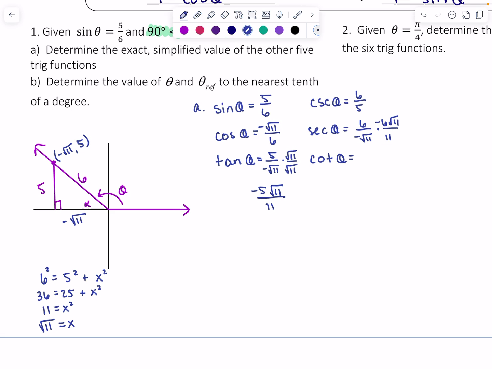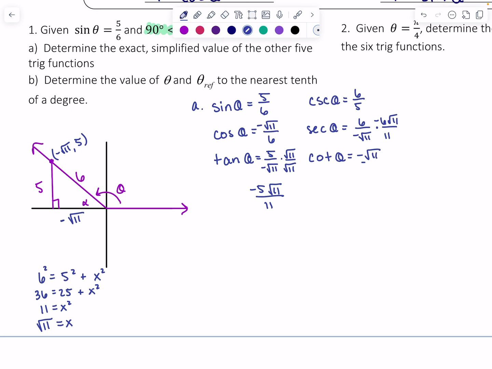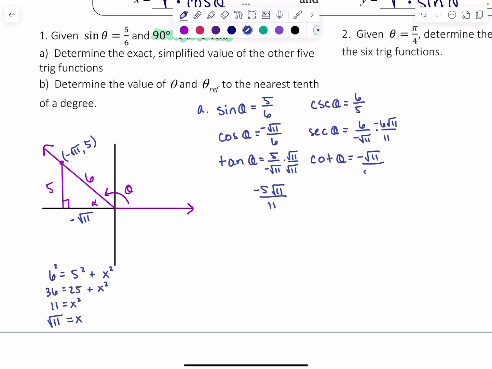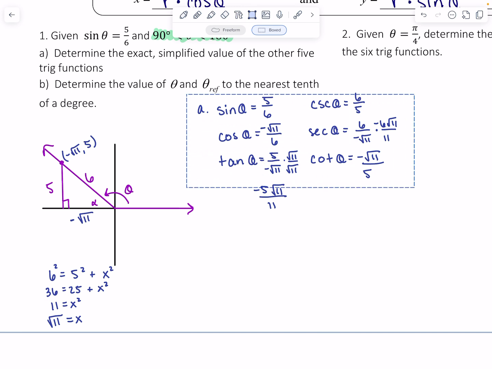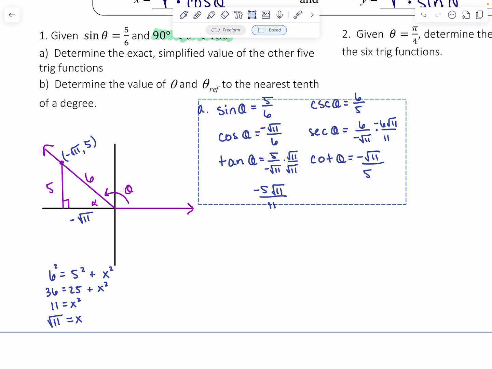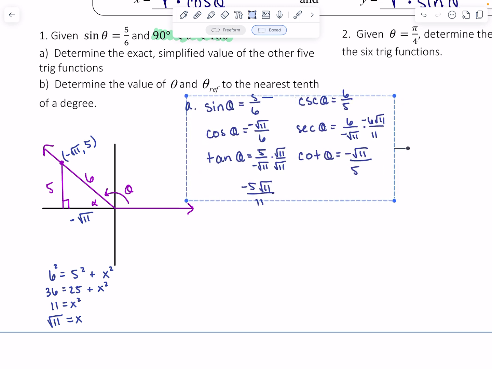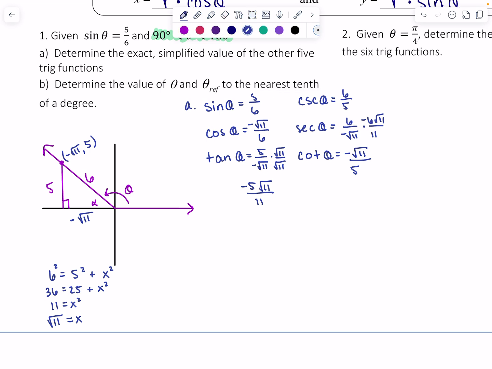And our cotangent is negative square root 11 over 5. So, moral of the story is you're going ahead and solving for your missing side length, and then filling in the rest of your trig functions from there.